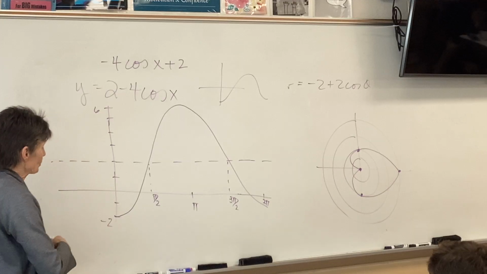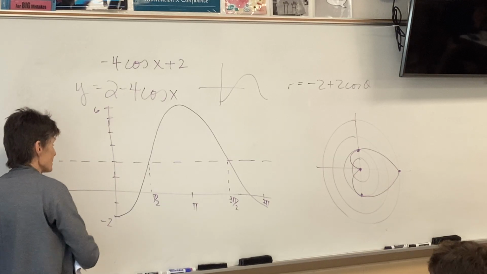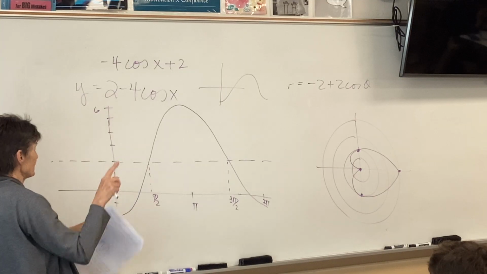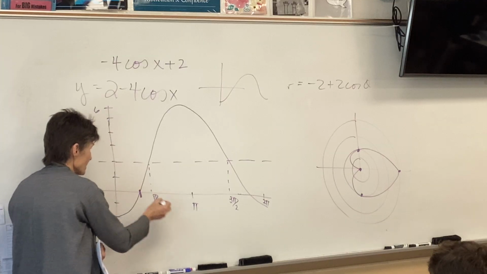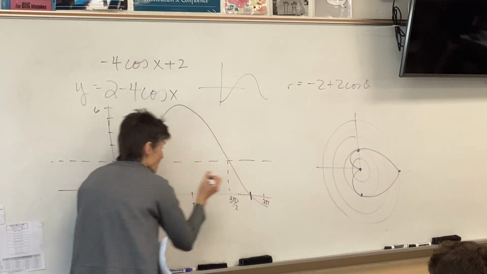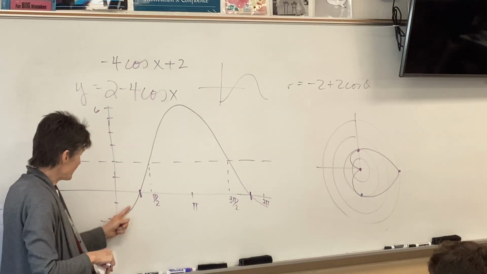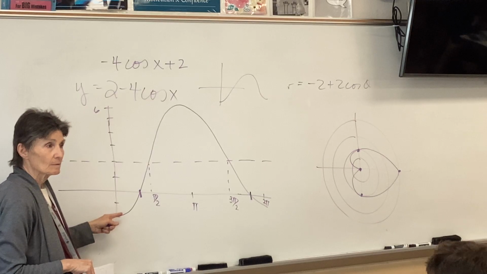Now, if you read this, it talks about things being positive and all that. I need to know what this is and what this is, because that's where I go from negative to positive, right?